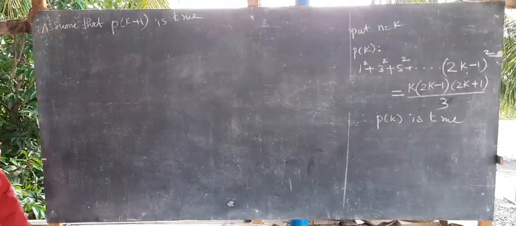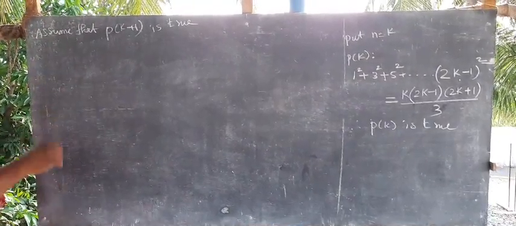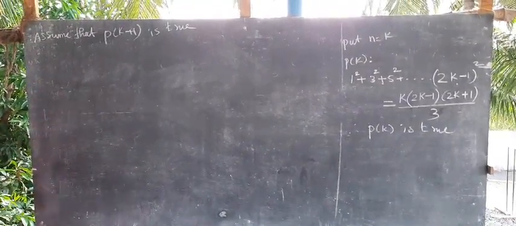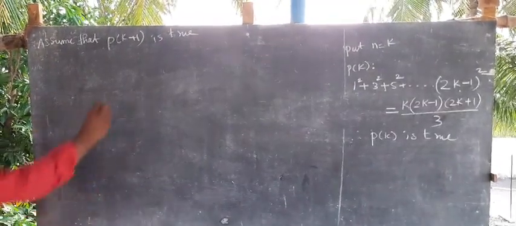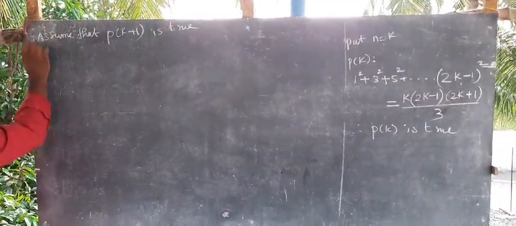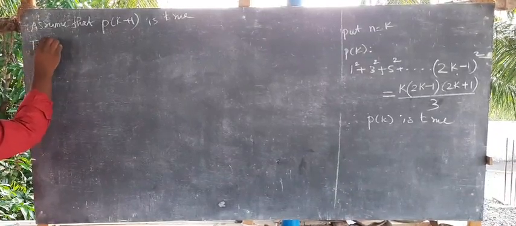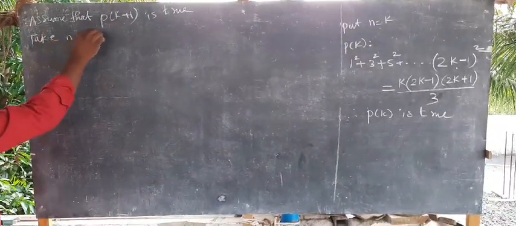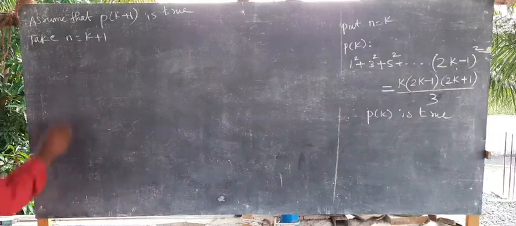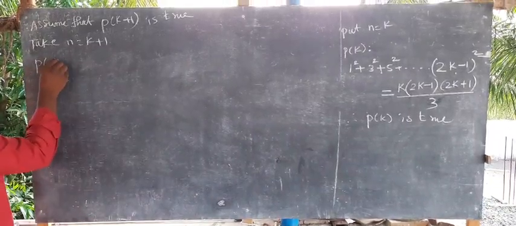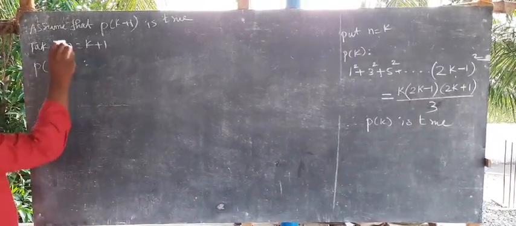We have to assume. So this step we have to prove: P of k plus 1 is also true. Like that we have to prove. So now take n equal to k plus 1. Where we are having n, there we have to apply k plus 1.